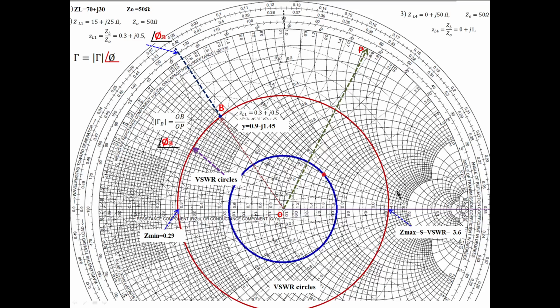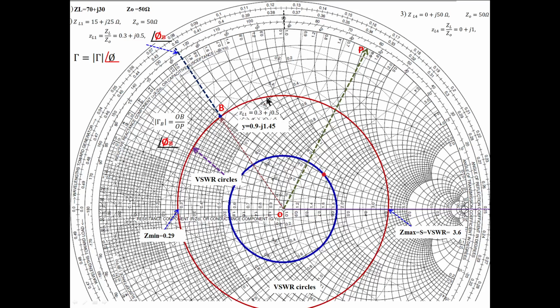This is the 4 circle, this is the 3 circle. So where is that circle? It is here. So that is the 3.6 VSWR value. The normalized value of Z maximum is also 3.6. For this particular load, Z maximum is 3.6, because this is the VSWR circle.